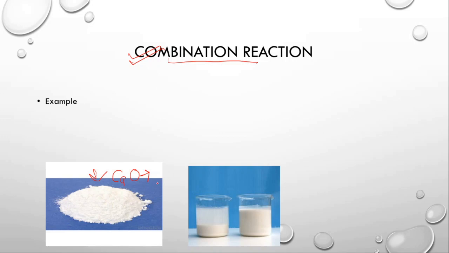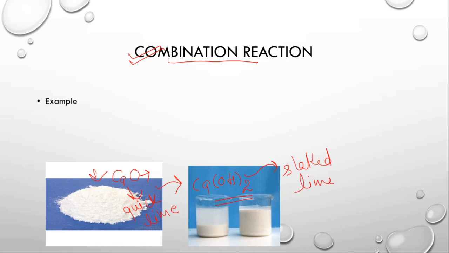This calcium oxide is going to react with water vigorously and it is going to form a solution of calcium hydroxide, which is written like this. This is the formula for calcium hydroxide. Now this you should remember, the quicklime formula, and this is known as calcium hydroxide. Also it is known as slaked lime.